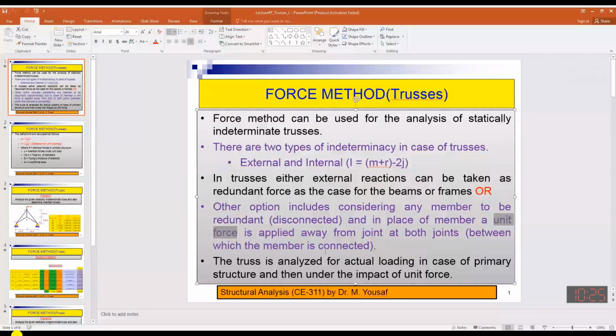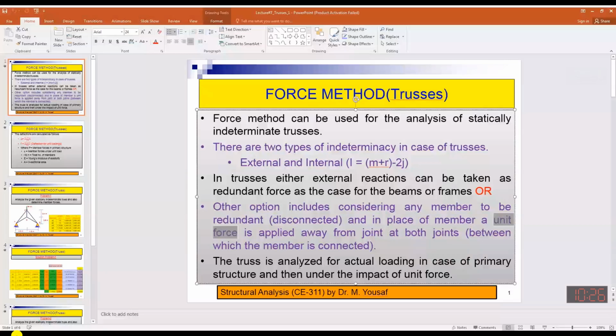One truss element is connected between two joints, I and J. We will disconnect it, and in place of this we will apply a force at both joints, inward. Okay? So it is saying that away from the joint at both joints, the truss is analyzed for actual loading in case of the primary structure and then under the impact of the unit force.